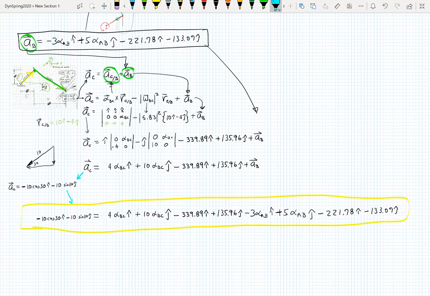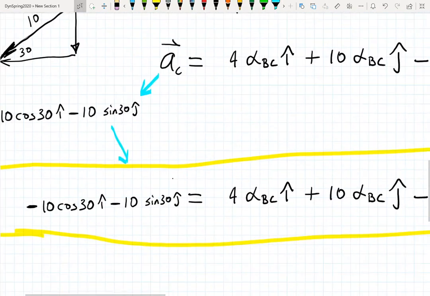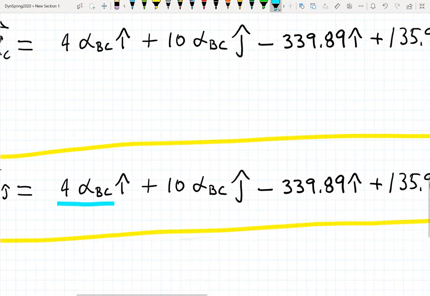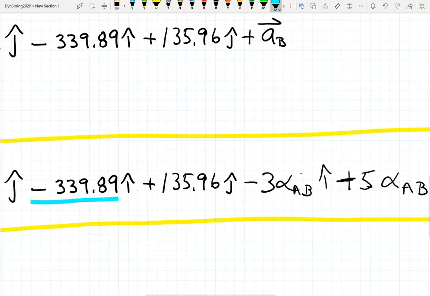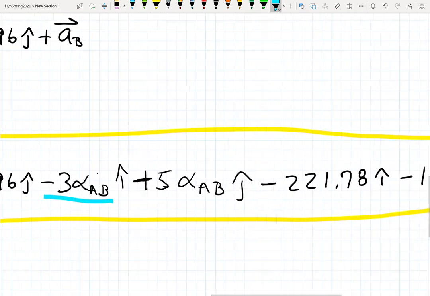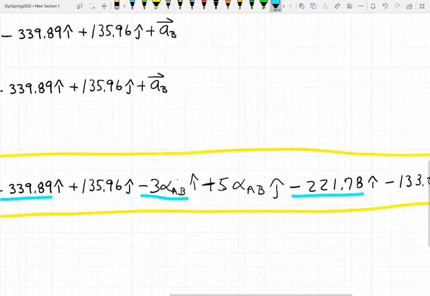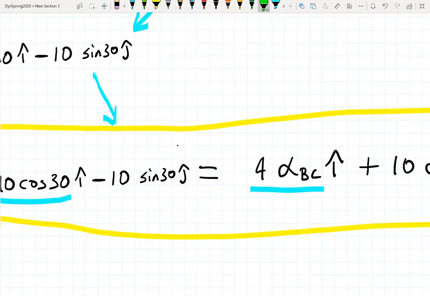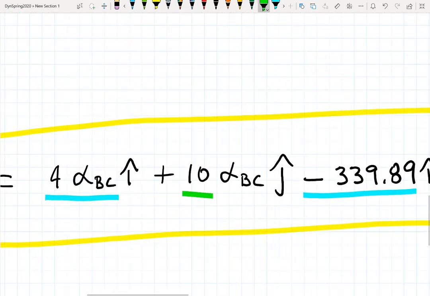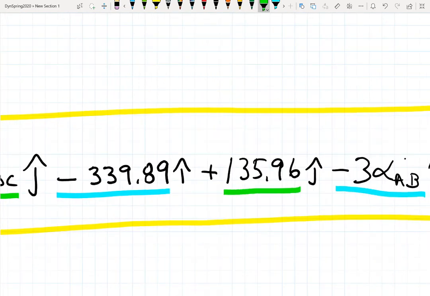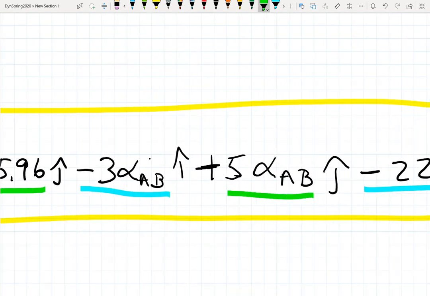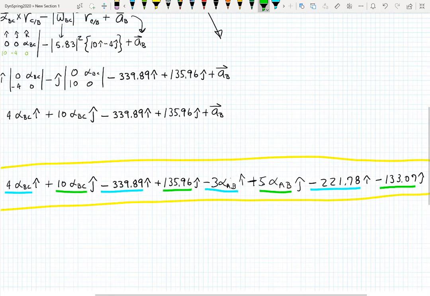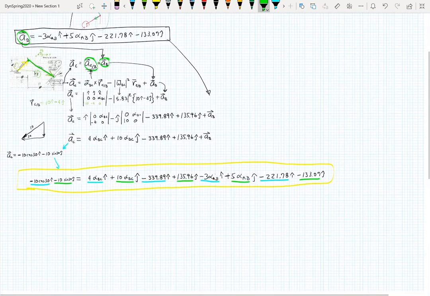However, let's identify blue as being the x-coordinate. Everything that's a coefficient associated with i, look at all this. And everything that's green is going to be associated with a j. Now, all I've got to do is pull out the green equation and the blue equation.